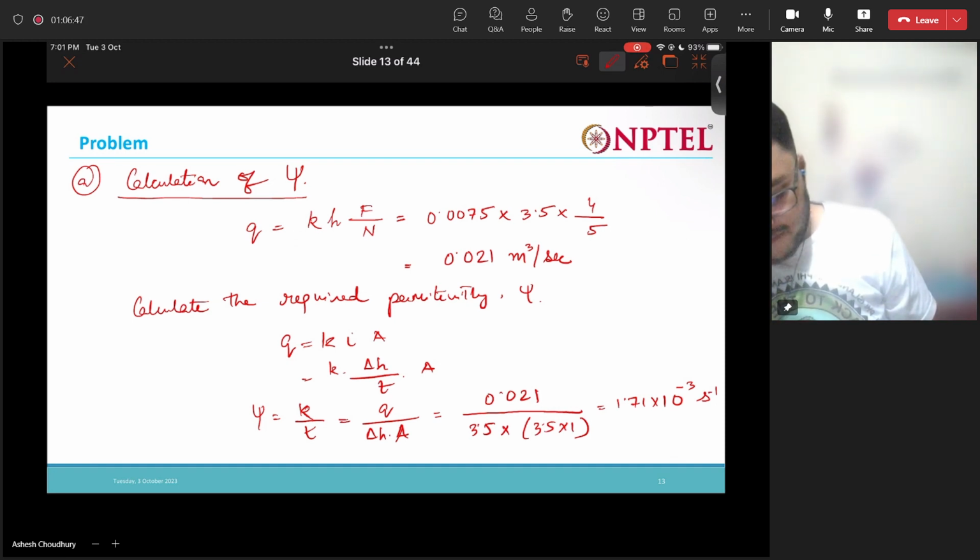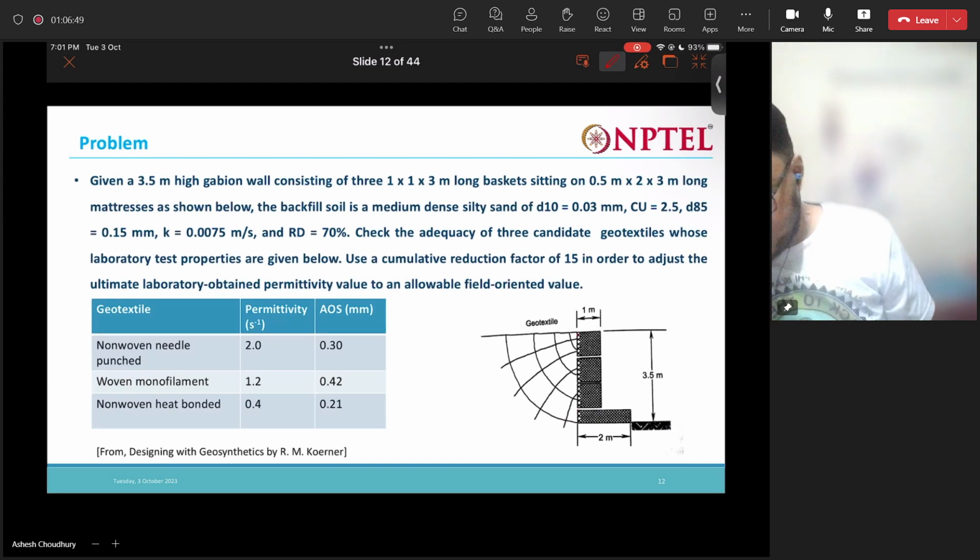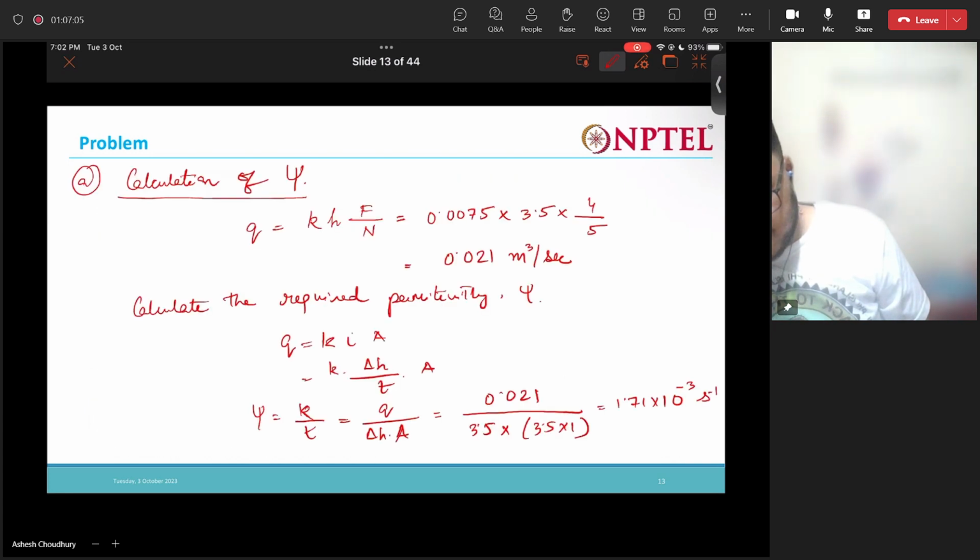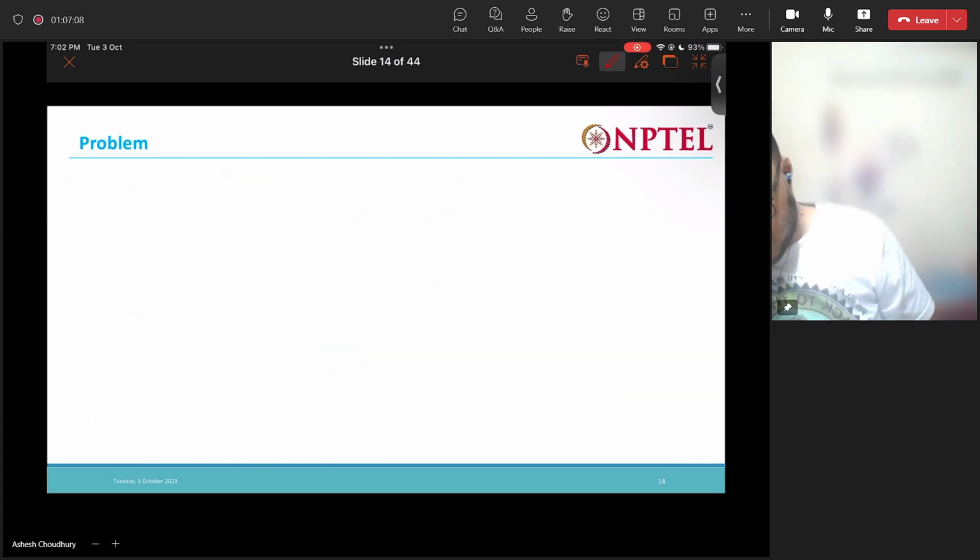Now we have three geotextiles here. For each of these geotextiles, we need to find out the factor of safety. So GTX1, GTX2, GTX3, right?